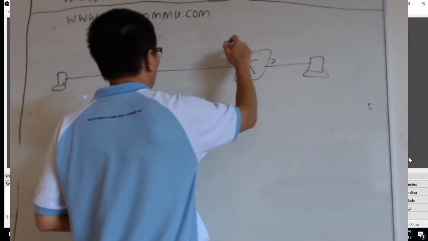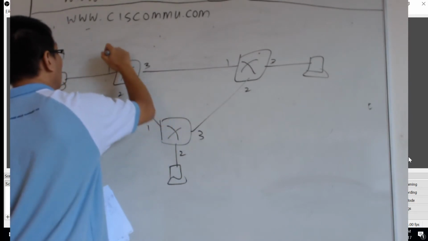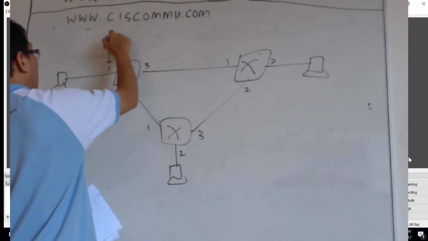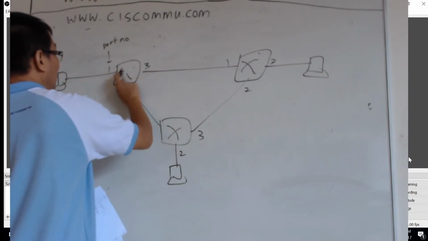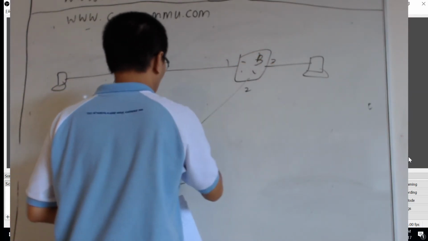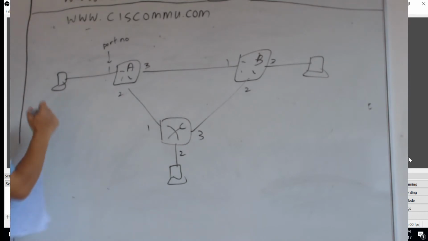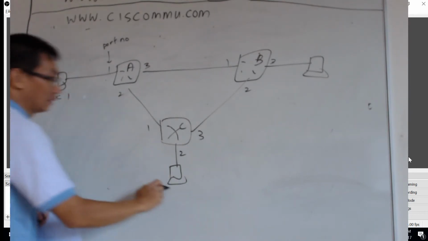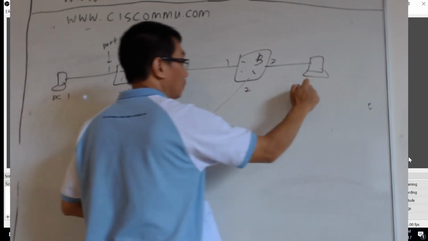So this is the port number. This is the port number. Okay? So this is switch A, switch B, and switch C. Let's say this is PC1, PC2, PC3.